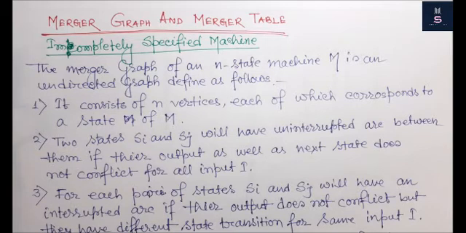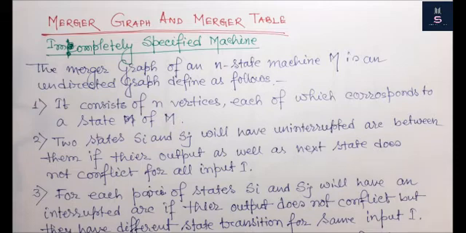In that type of machine, first we have to find the compatible pairs, and the merger graph does exactly that. Then we use the compatible pairs to draw the compatibility graph. From there we get the implied pairs, and from this we can reduce our machine to an equivalent machine of the given input machine.